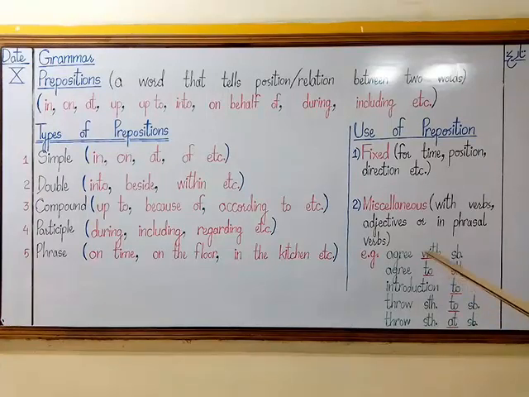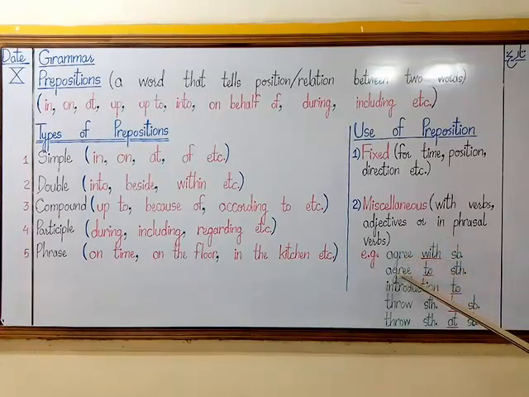For instance, agree with somebody but agree to something. We use agree with when we use somebody after this. Somebody means agree with you, agree with him, agree with Ali, agree with Asif, agree with Sarah. So whenever you're using somebody after agree, you will use with as preposition.